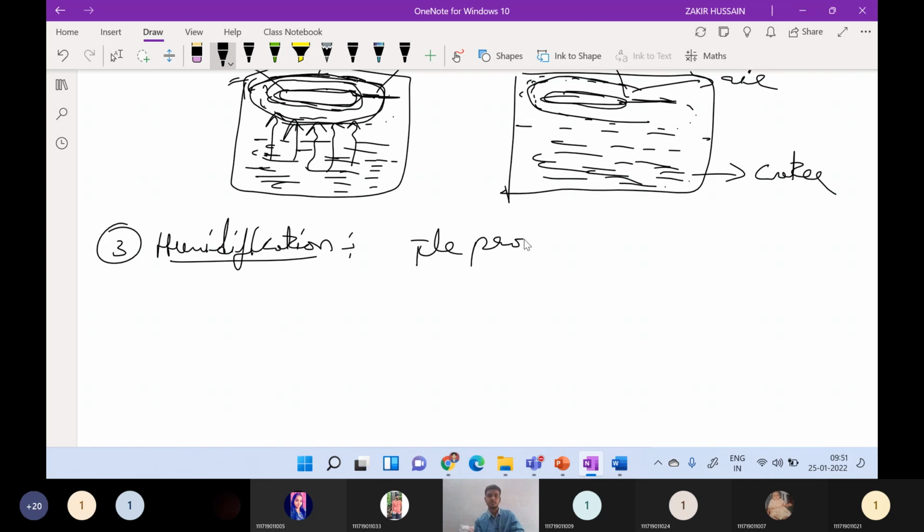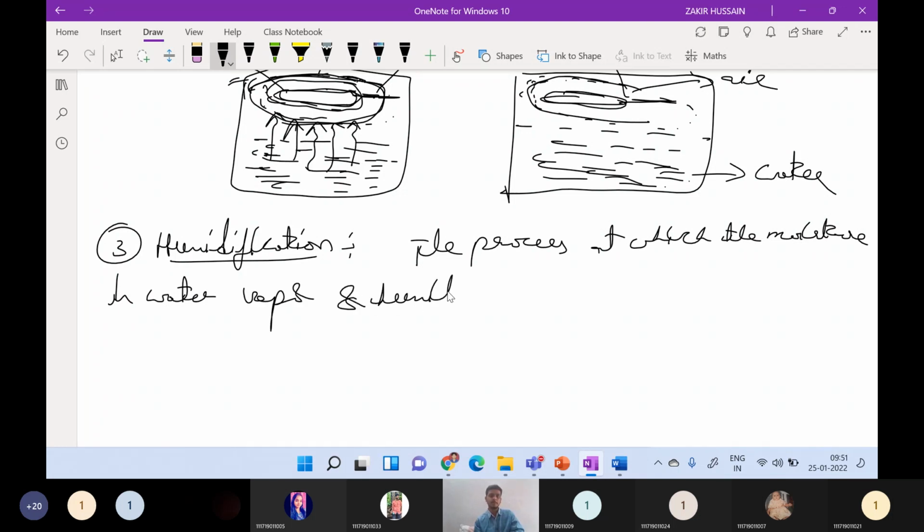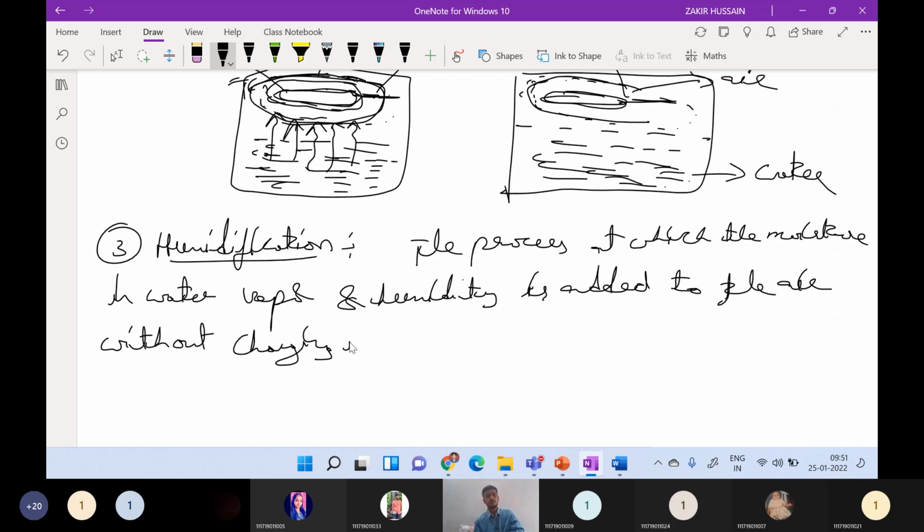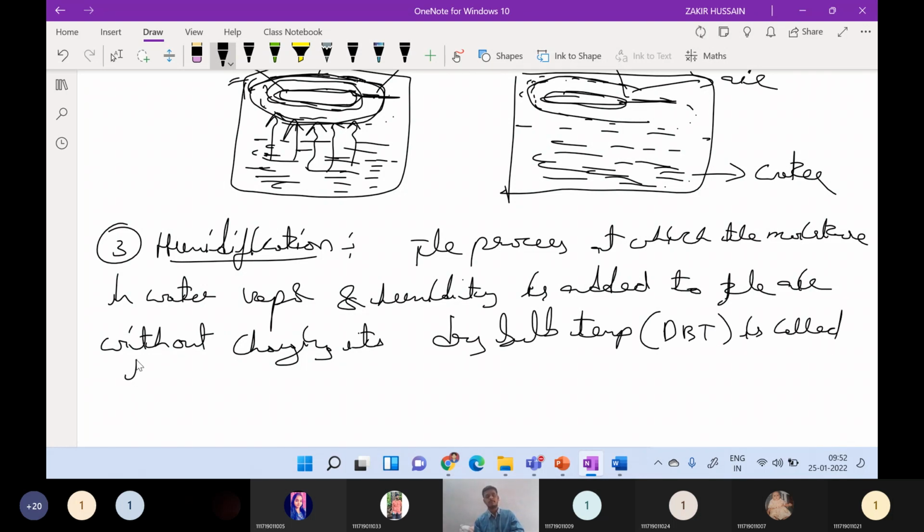The process at which the moisture in water vapor or humidity is added to the air without changing its dry bulb temperature, DBT, is called humidification.